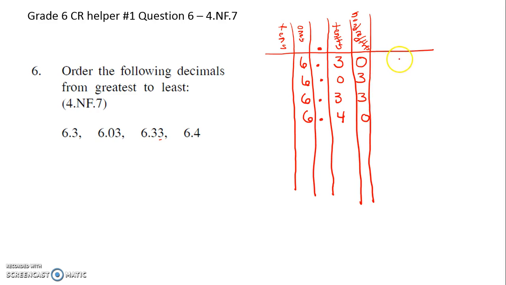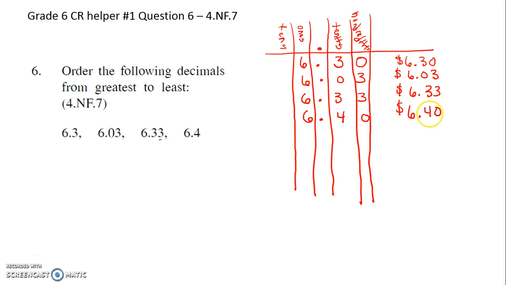This would be like $6.30 if I wanted to translate this to money. 6.3 would be like $6.30. 6.03 would be like $6.03. 6.33 would be like $6.33. And 6.40 would be like $6.40. So that's why I do that.